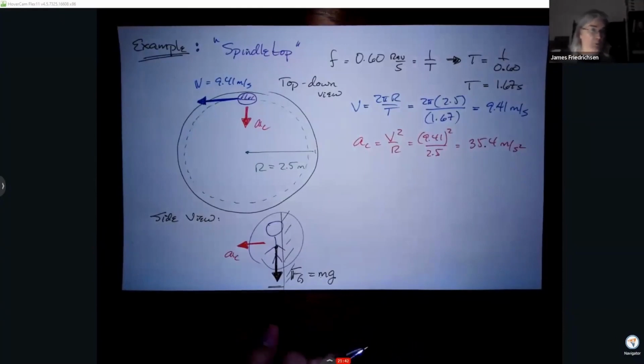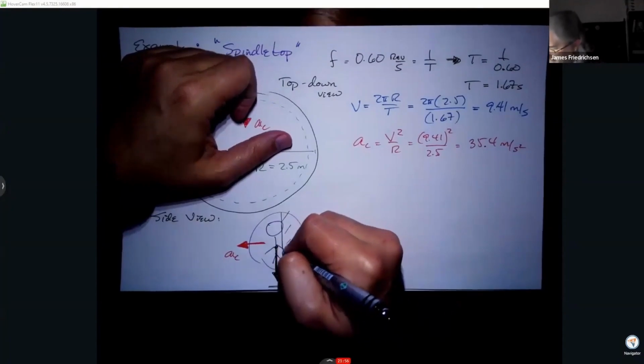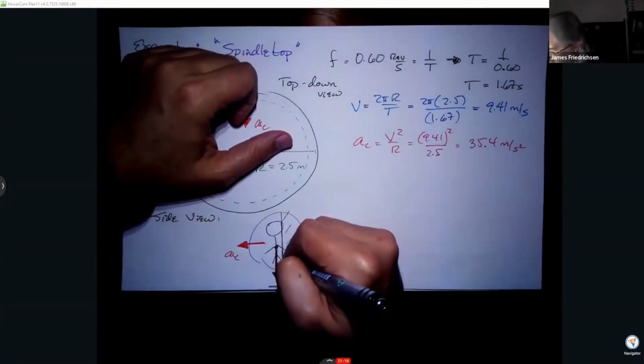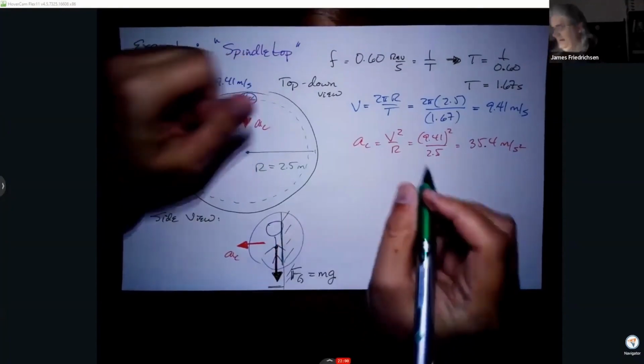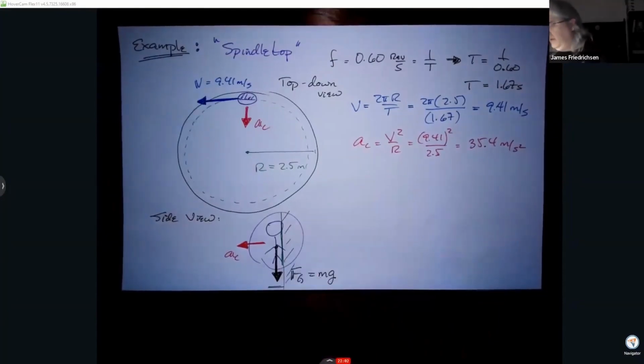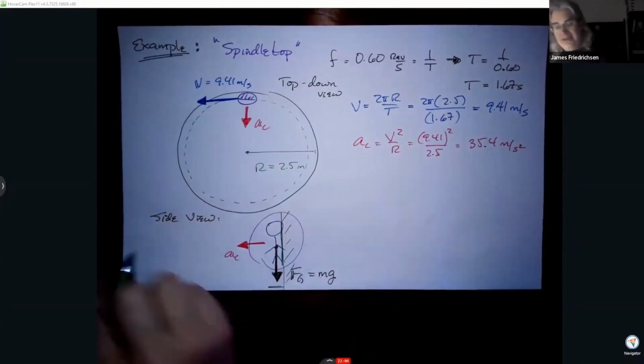Now, which way does the normal force go? Remember the rule? Here's the surface of contact between Emmanuel's back and the wall. We go perpendicular to the surface of contact through the object of interest.